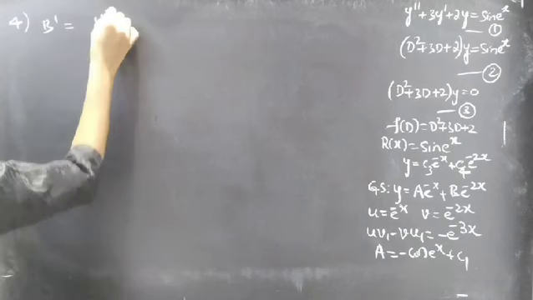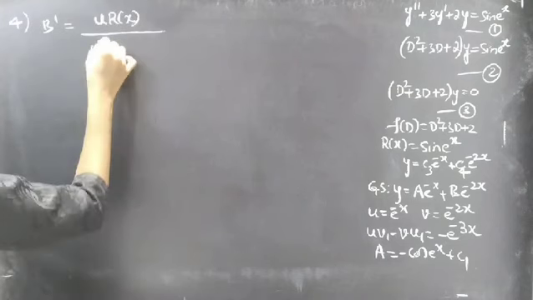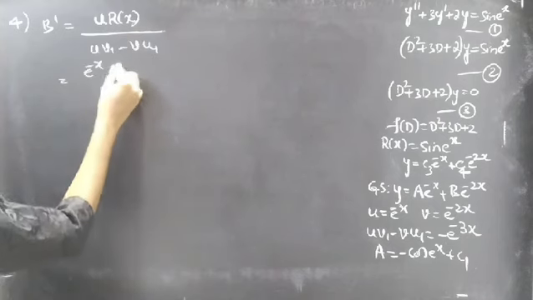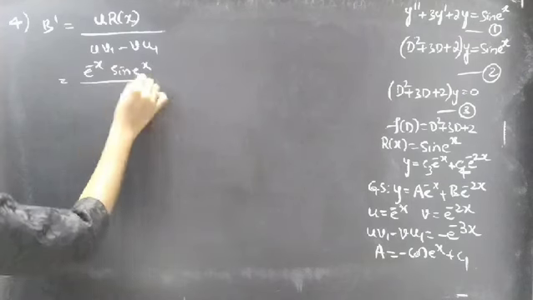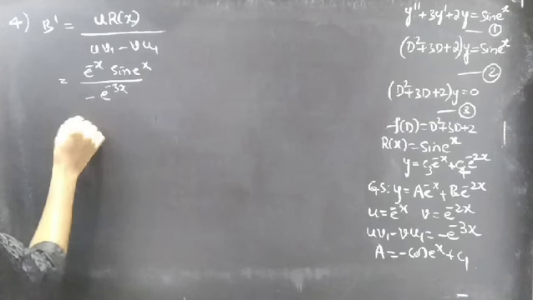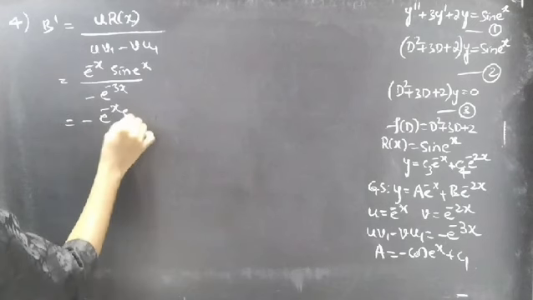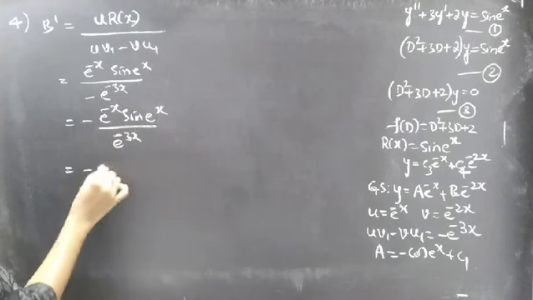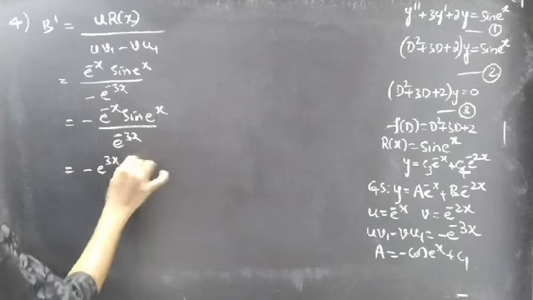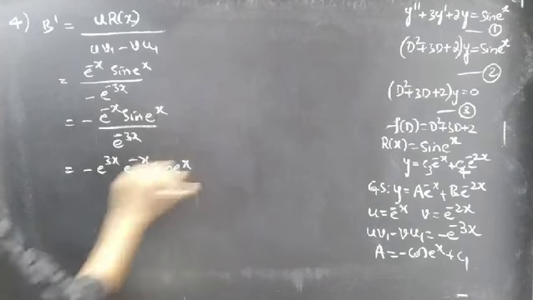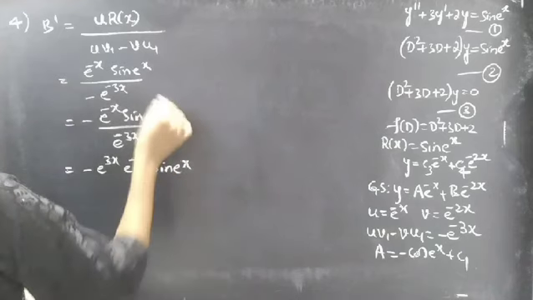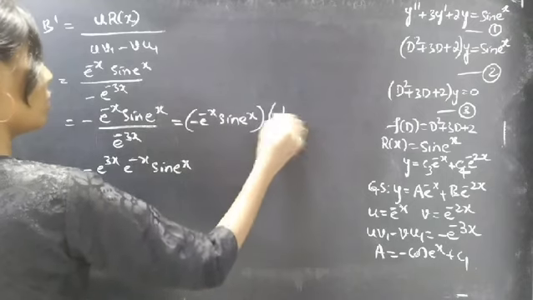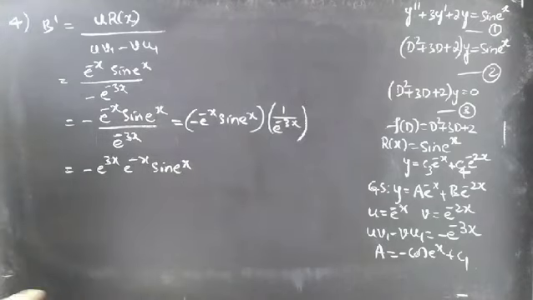B dash is given by u into r of x by uv1 minus v1, where u is e power minus x, r of x is sine e power x, and uv1 minus v1 is minus e power minus 3x. This is equal to minus e power minus x sine e power x by e power minus 3x. Instead of writing this directly, we can split this as minus e power minus x sine e power x into 1 by e power minus 3x.